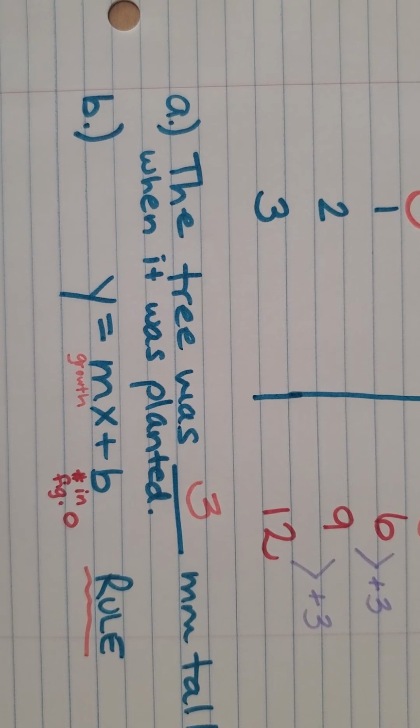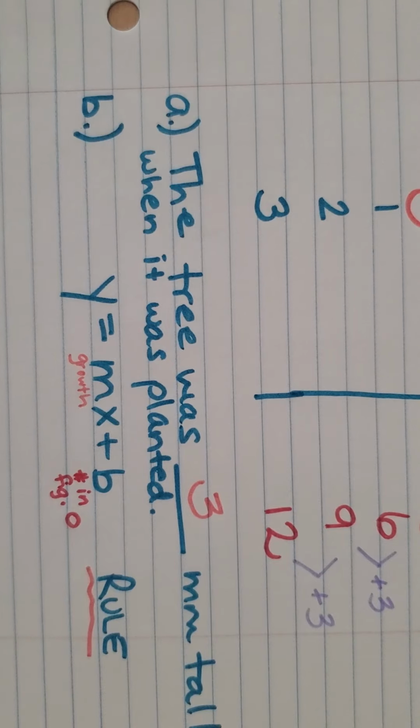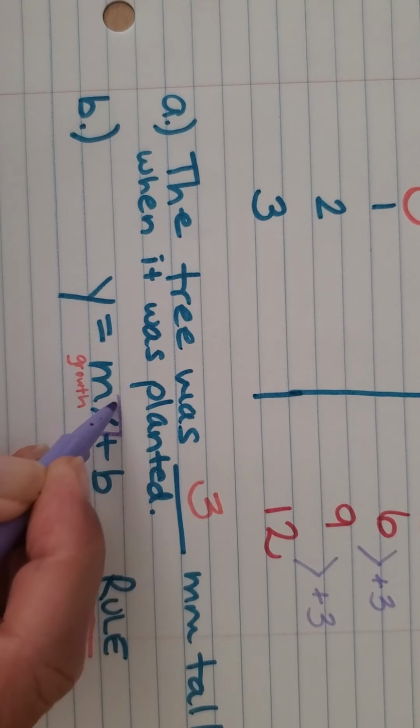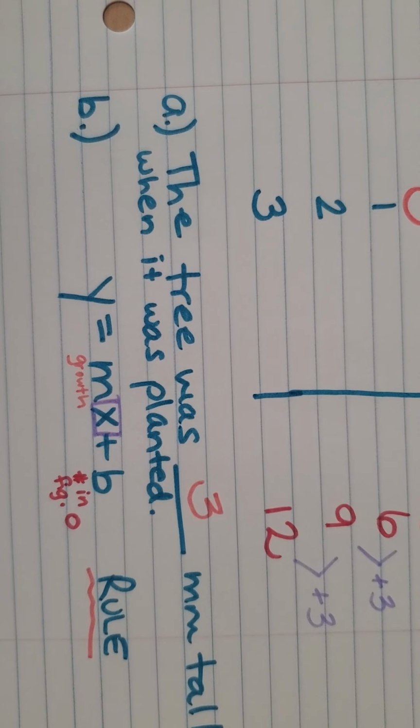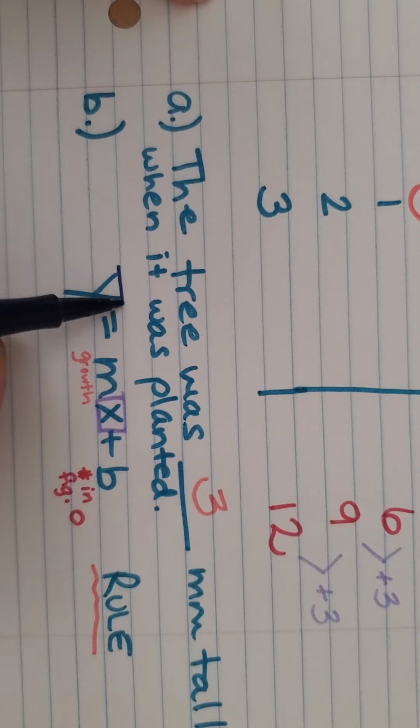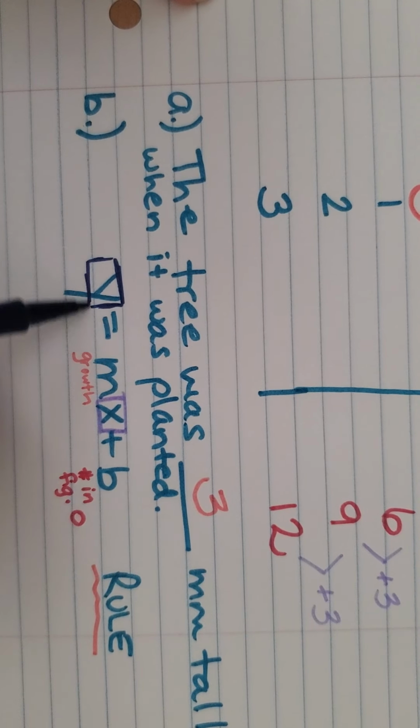Sorry, if I said day 1, I meant day 0. And then in our example, the X, that's your x-axis, we said was our number of days, and the Y is represented on the graph by the height of the tree.